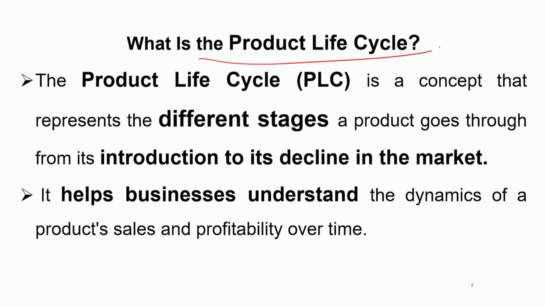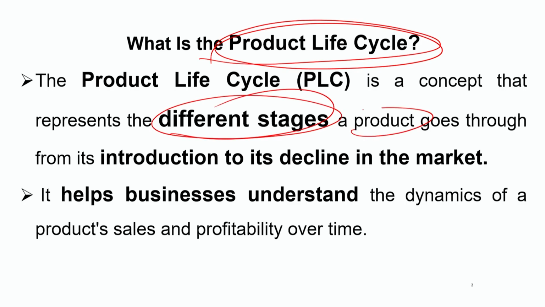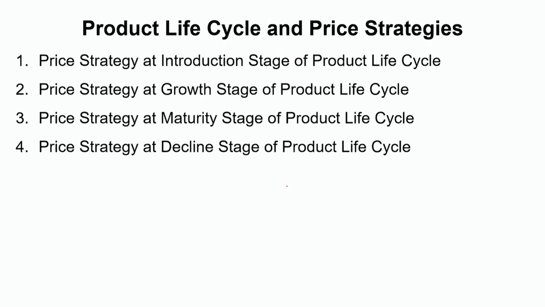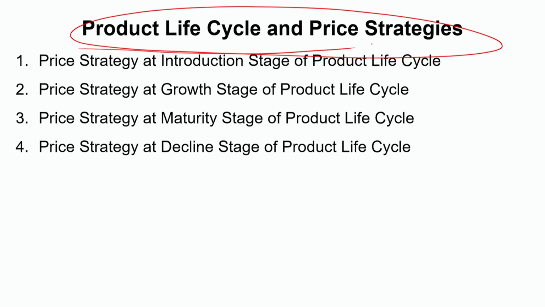So what is the product life cycle? As I told, it is a time frame in which a product moves from introduction to the decline stage, and every stage has its own characteristics. As I discussed, there are 4 stages.